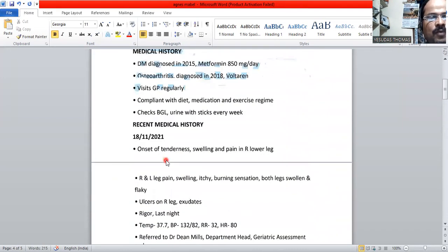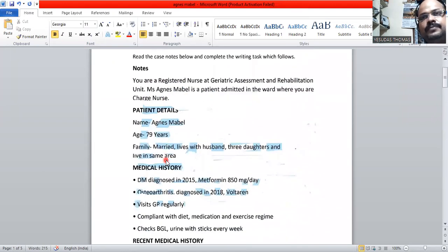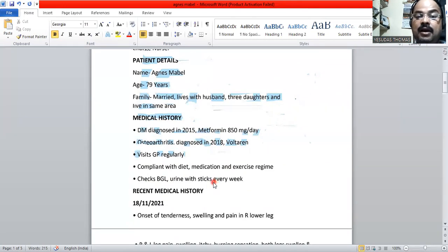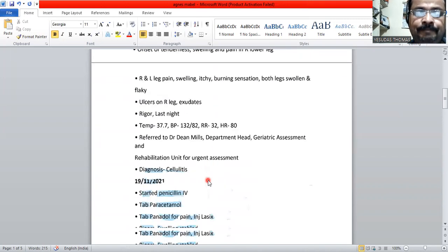We are not going to deal with her profession, her family, children. We do have a diet, medication, exercise regime, blood glucose level. We don't need to include all these things. We just need one relevant data here, and that is diabetes mellitus. And she's taking medications for that. So it is understood that if she is having diabetes mellitus, she should have medication. So it is clearly understood there.